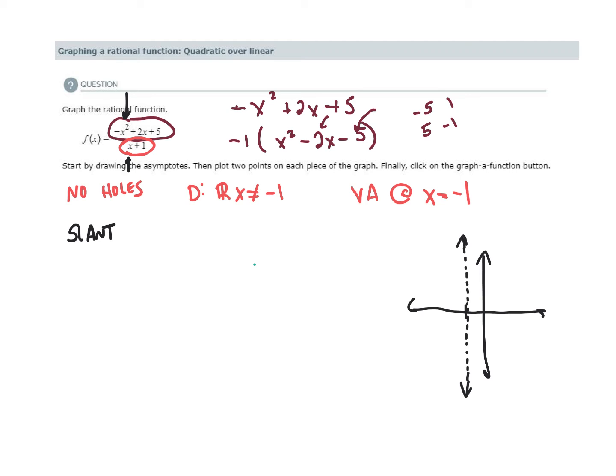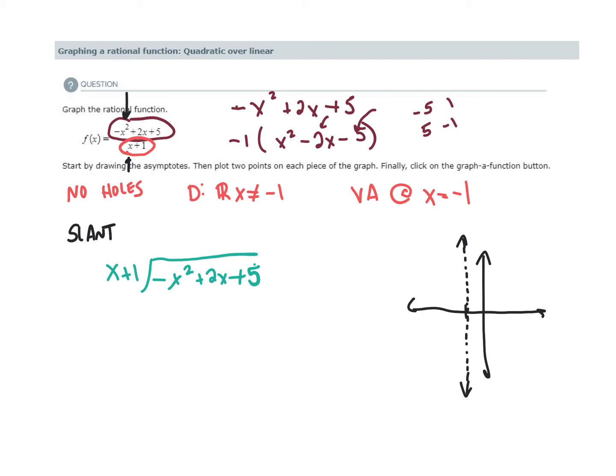The way we do it is we use polynomial long division. So I'll take the x plus 1 and divide it into -x squared plus 2x plus 5. This should give me a line, something like y equals mx plus b. Once I get to an mx plus b, I can pretty much stop.